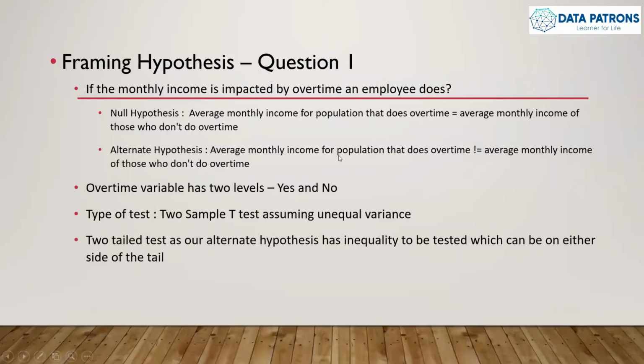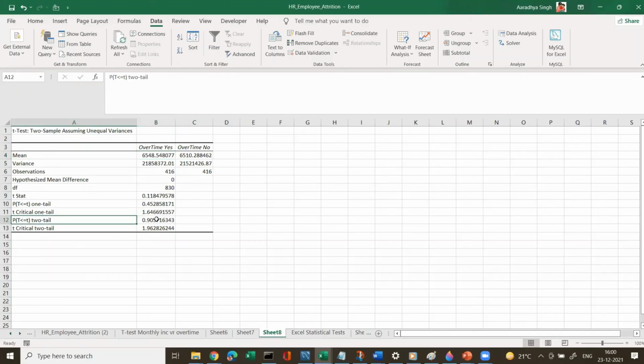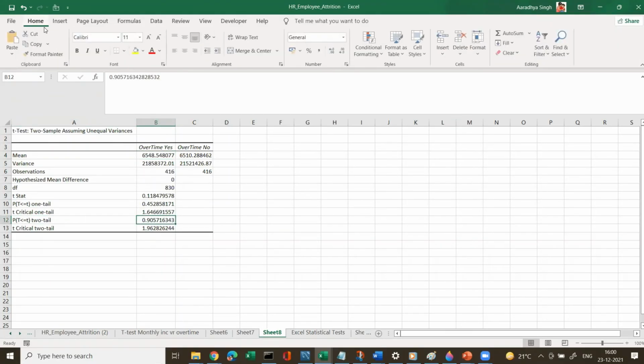It says average monthly income for the population that does overtime is not equal to the average monthly income of those who don't do overtime. When we have an inequality sign in the alternate hypothesis, we have to do a two-tailed test. That is what I've mentioned here as well. So if you look at the p-value for the two-tailed test, this is what we have to consider to recommend finally.